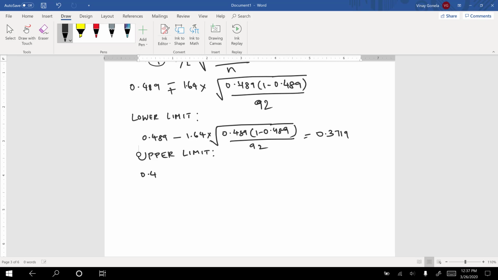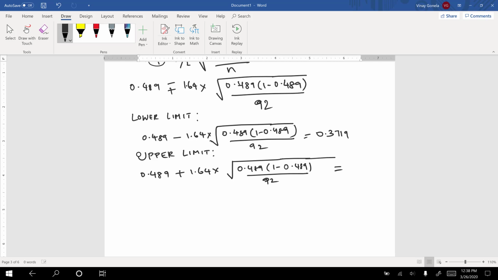Our upper limit would be 0.489 plus 1.64 multiplied by the square root of 0.489 times 1 minus 0.489 divided by 92.